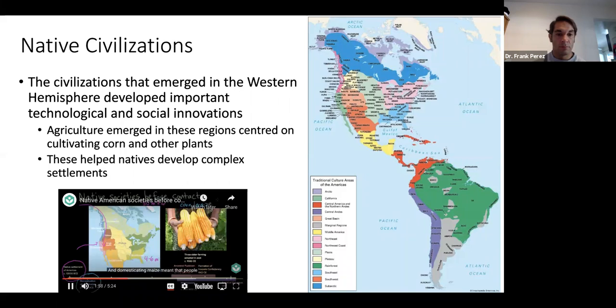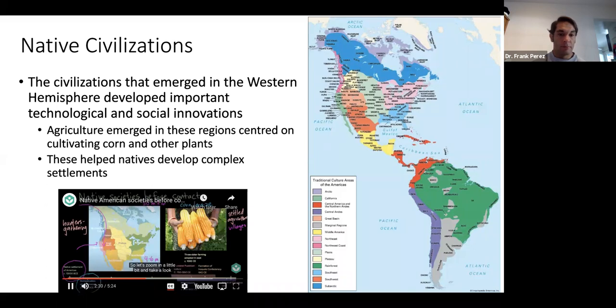And domesticating maize meant that people who had originally been hunters, gatherers, following herds of animals, could partake in settled agriculture. So they could develop villages, complex societies. This isn't to say that they stopped hunting or gathering, but they began staying in one place.